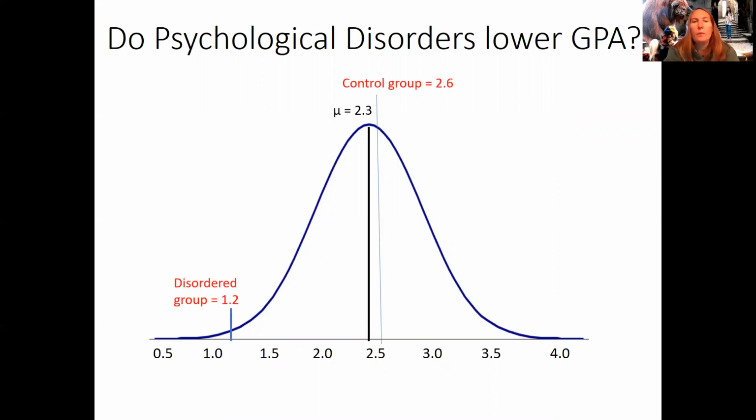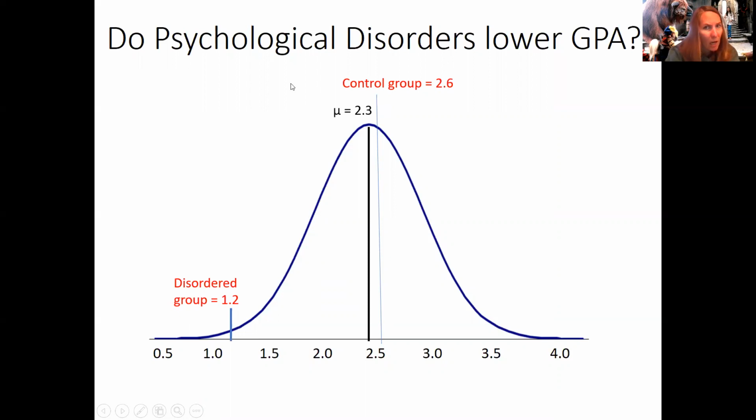So that would mean that if we take our control group, right, these are people without psychological disorders, then let's say the people that we polled are 2.6, that's their GPA. So that's pretty close to the population mean. And then we have our disordered group, which is significantly different from both the population mean and our control group. So our disordered group has a significantly lower GPA compared to our control group.